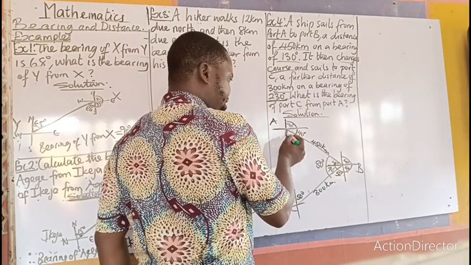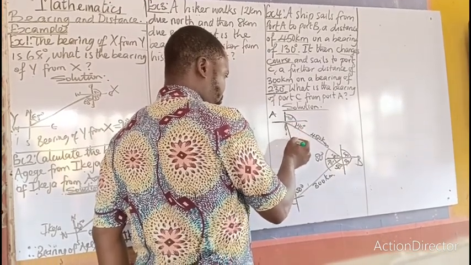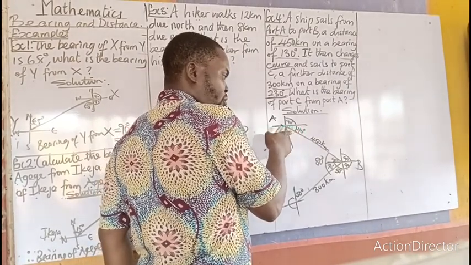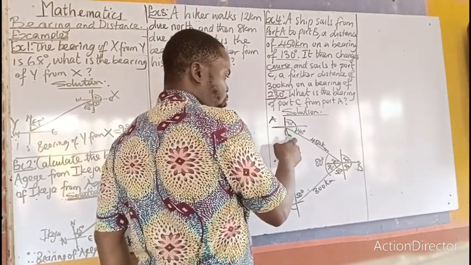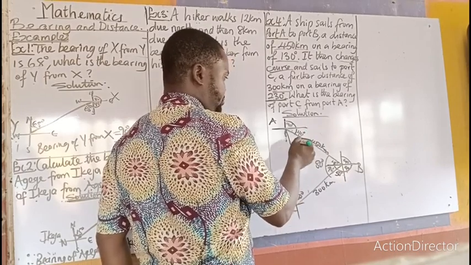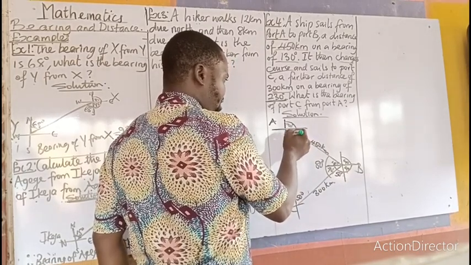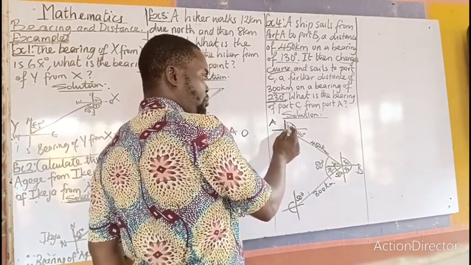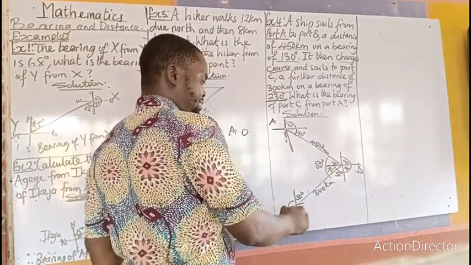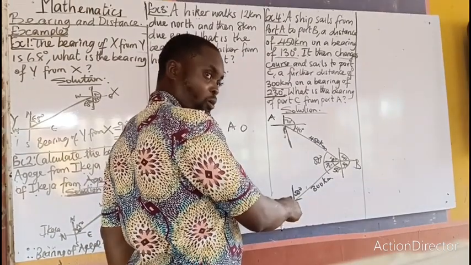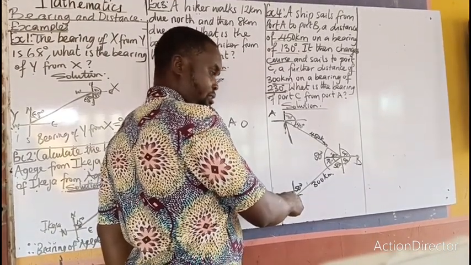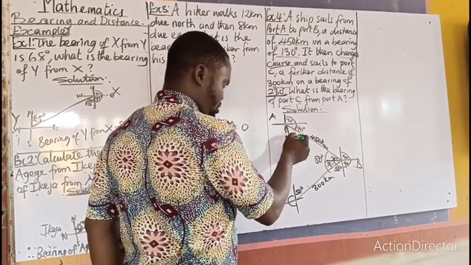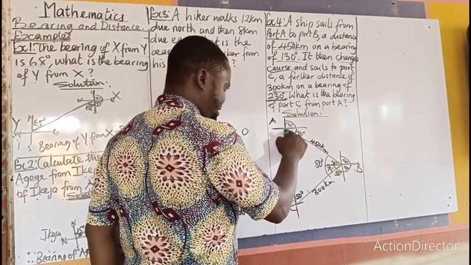You want to know what this bearing is going to be. It means that you are looking for this angle here. What angle will be in this place? Now, because you want to find the bearing of C from A, you have to read from here up to the line that meets up with this one. Do you understand me? Assume that the line came like this.